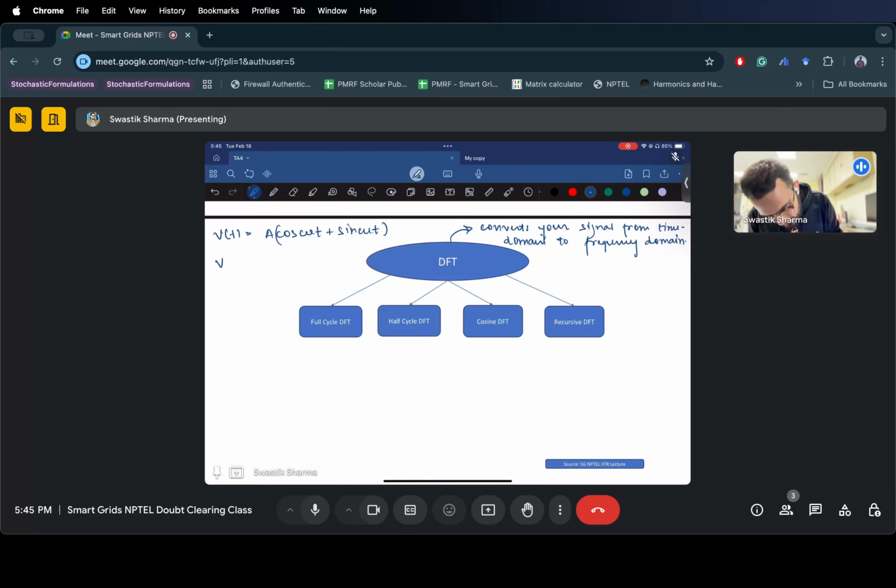So it discretizes it into k different components, which is something like this. Should I write Vk? Vk equals summation of Vn e to the minus j 2 pi n by N times k. I hope this is visible.